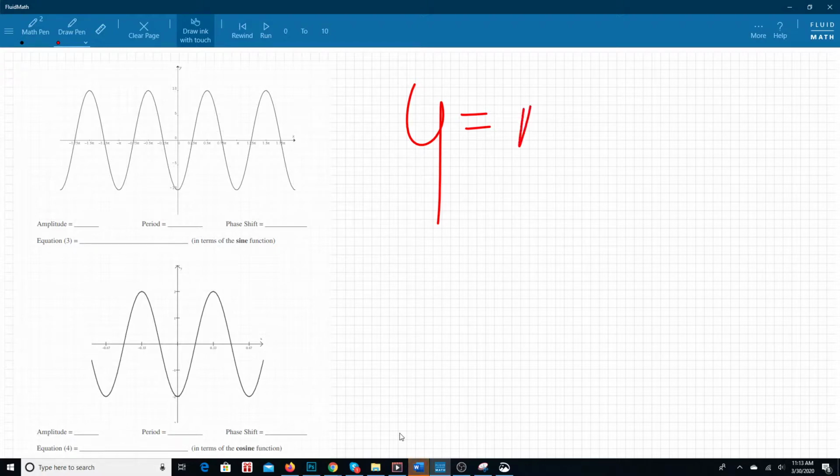Y equals A cosine BX. Now in between, there's also the phase shift, which means... I want to get the exact formula, I want to see exactly how they write it, so not to confuse you guys.